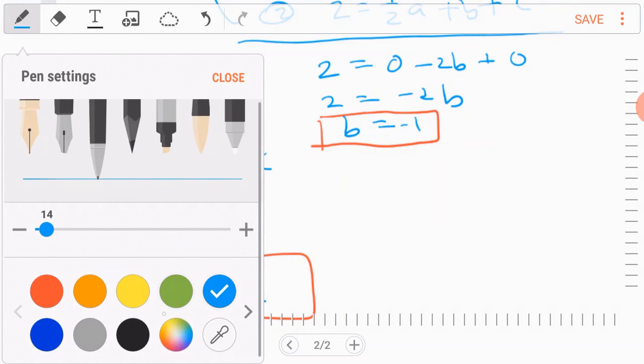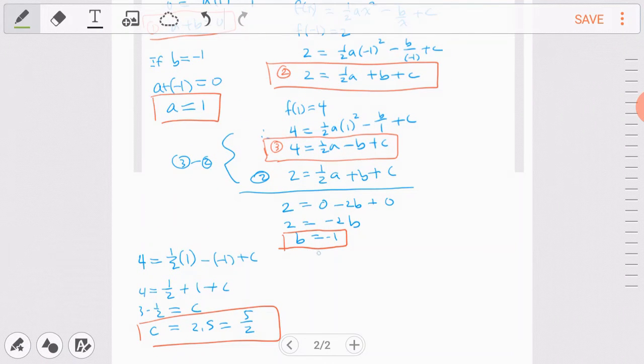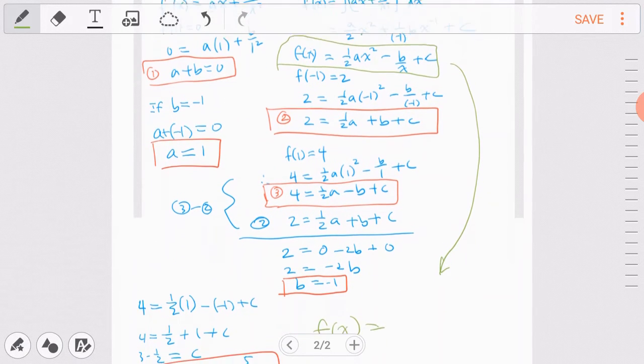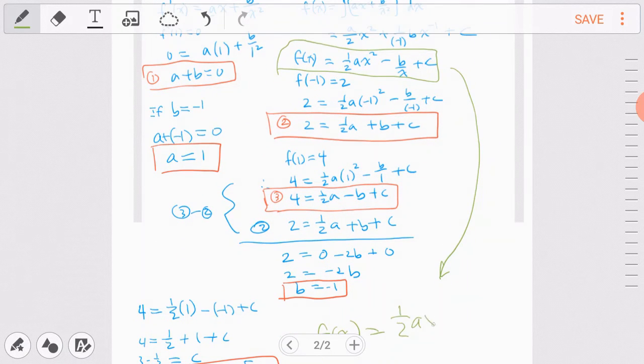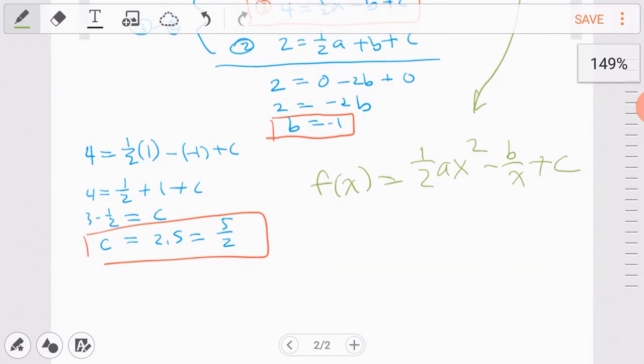So knowing this, we can now write the final equation of f of x. Given that c is equal to 5 over 2, b is equal to negative 1, and a is equal to 1, we get f of x, going back to our original f of x, equal to 1 over 2 ax squared minus b over x plus c. Now we just substitute our values of a, b, and c.